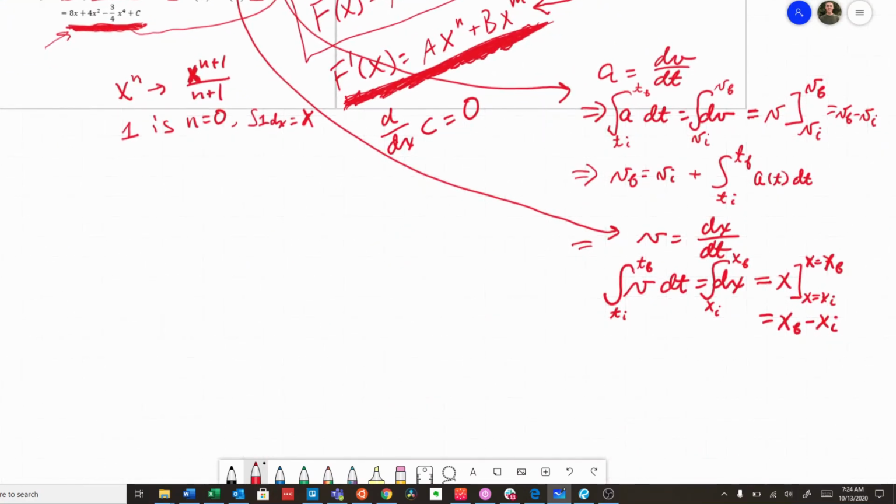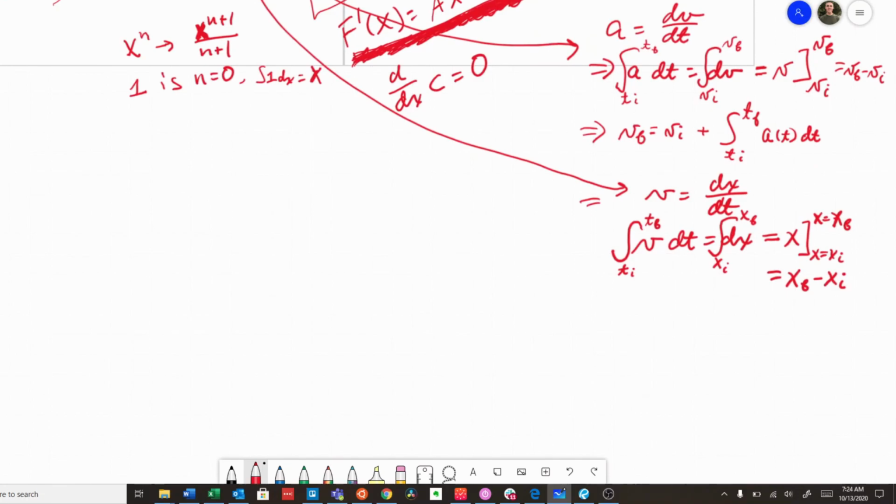Then on my left, I'm going to leave this open for some arbitrary velocity function. If I add x initial to both sides, x final equals x initial plus the integral from t initial to t final of v dt. Let's just explicitly state that v is some function of time, dt.